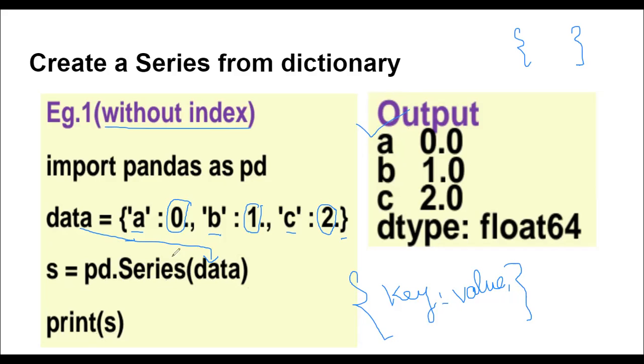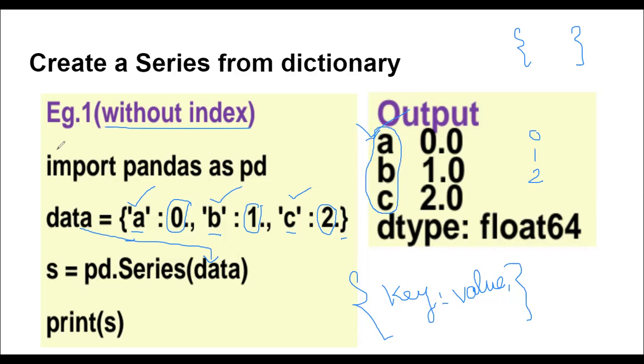Now see, we didn't give any index, but still you see we are not getting the default index. The default index would be 0, 1, 2, like that. But here we didn't get the default index. The keys we have specified in our dictionary are automatically taken as our index in the series.